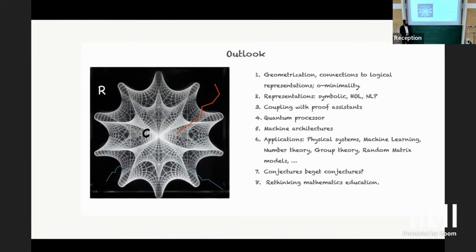So far, what we have done has not involved incredibly interesting machine architectures. We have solved a very simple optimization problem, but it is important that when we scale up, when we consider the knowledge base of mathematical inequalities in our framework, our optimization problem is going to get harder and harder.